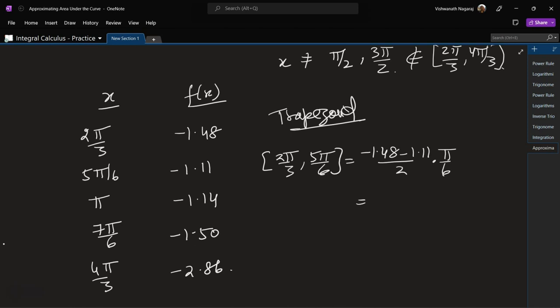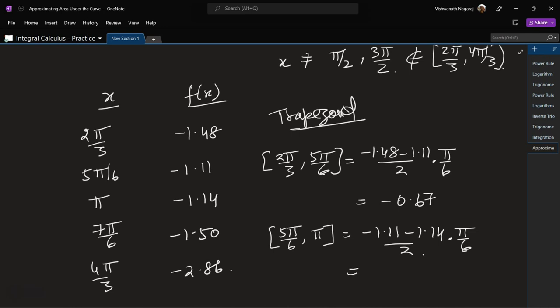This would give us minus 0.67. In the interval 5 pi by 6 to pi, this will become (minus 1.11 minus 1.14) by 2 times pi by 6, and this would be minus 0.59.